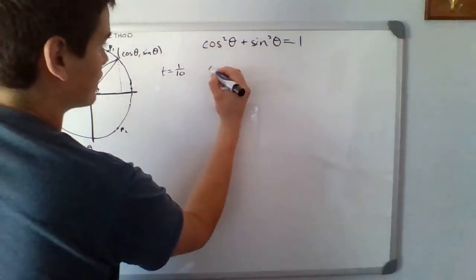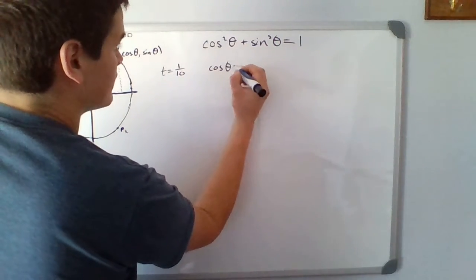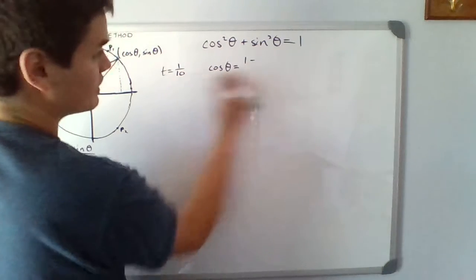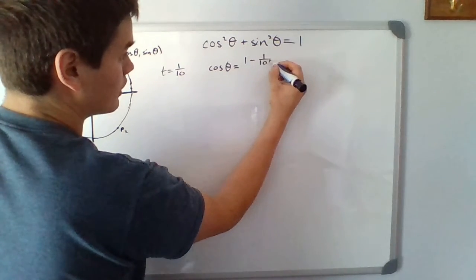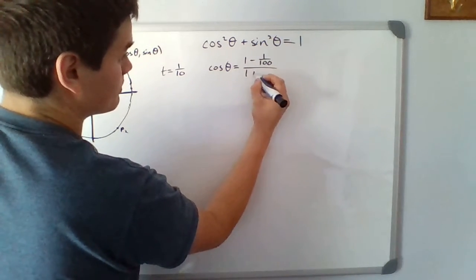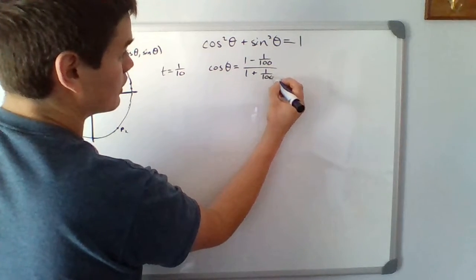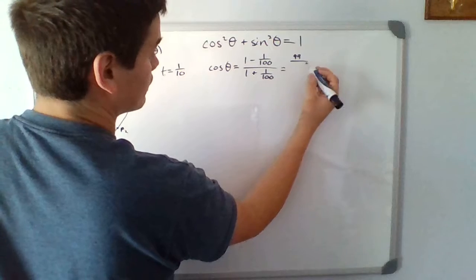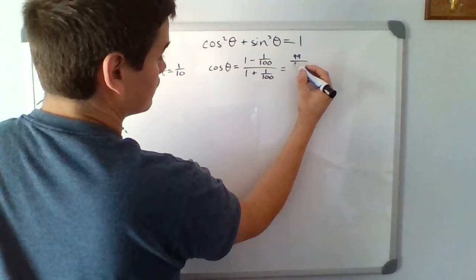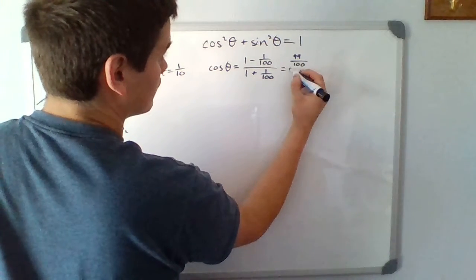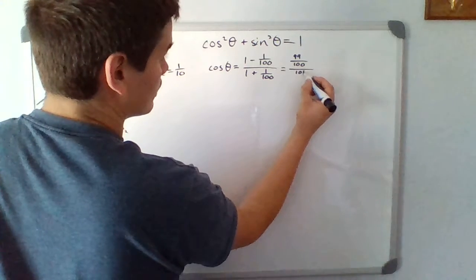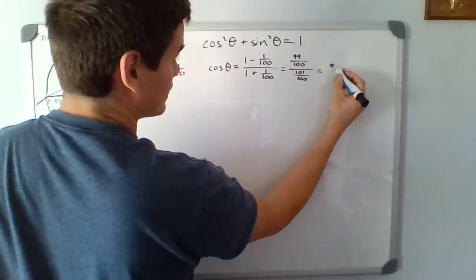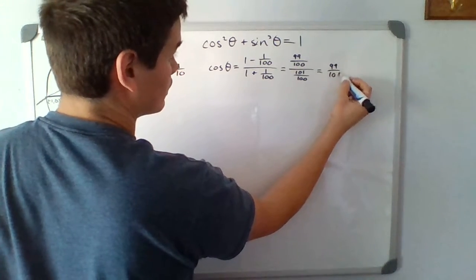So I know the cosine of theta is going to be 1 minus 1/10 squared, or 1 over 100, and then I know it's also going to be 1 plus 1 over 100. Basically that gives me 99 over 100 divided by 101 over 100, which just gives me 99 over 101.